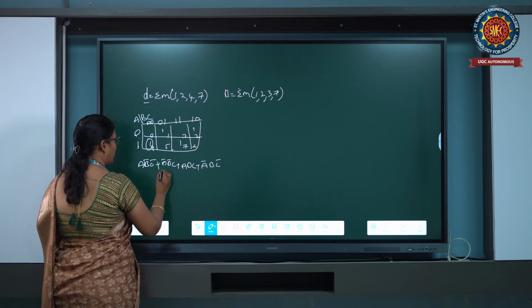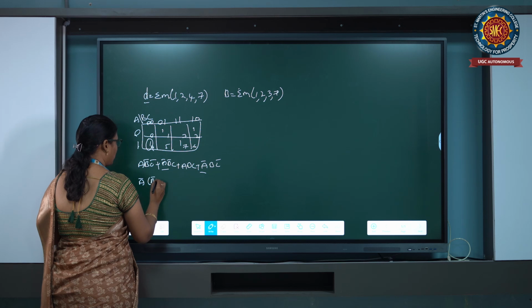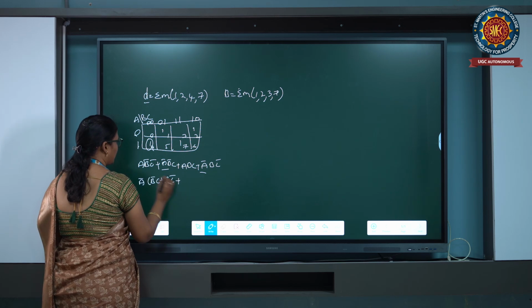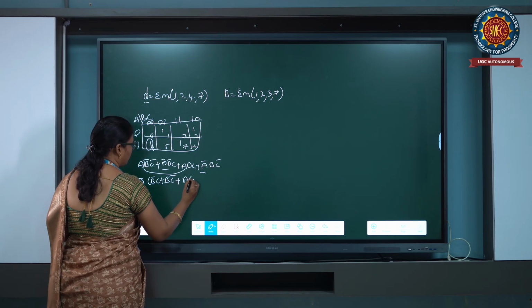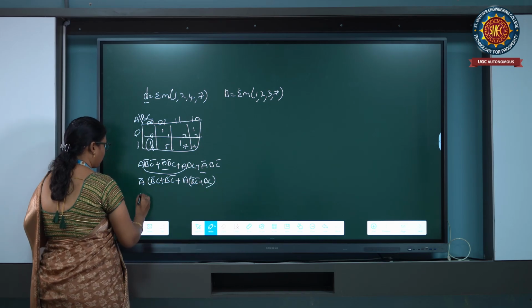If we take A bar common, the expression we got is B bar C plus B C bar. If we take A common in these 2 terms, we got B bar C bar plus B C.